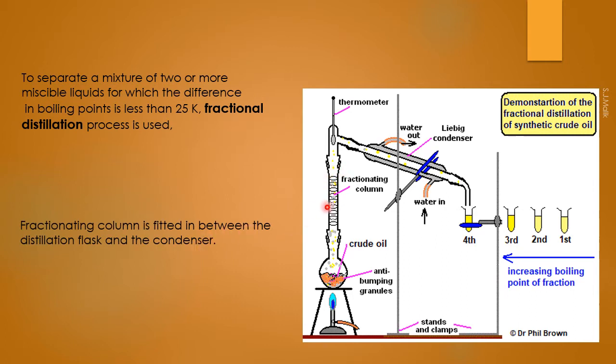This is the fractional column, and this is the only difference between simple distillation and fractional distillation. Thermometer to measure the temperature. This is the way for the water to come out, and from here one by one we can take the separate solutions.